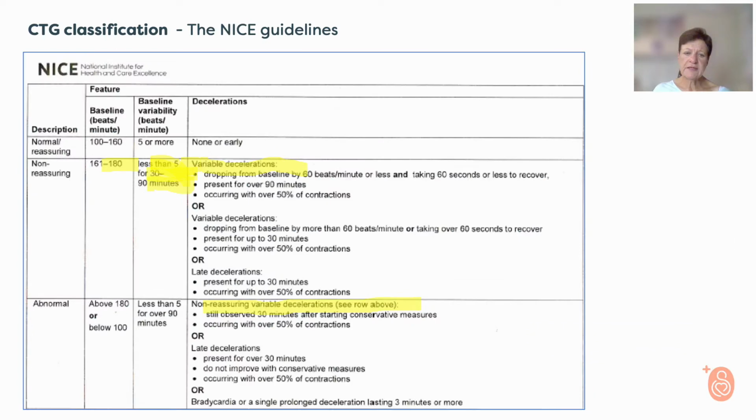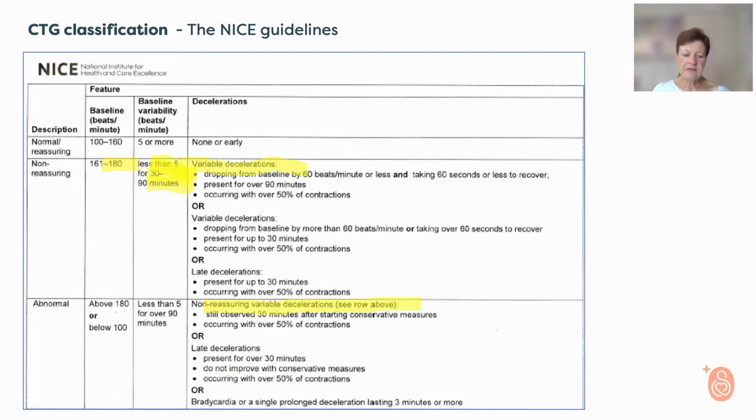So if we look at our NICE guidelines, remember NICE guidelines are divided into normal and reassuring, non-reassuring, and abnormal. So if we look at our baseline, they say that the normal baseline is here 100 to 160. So ours is just above that.